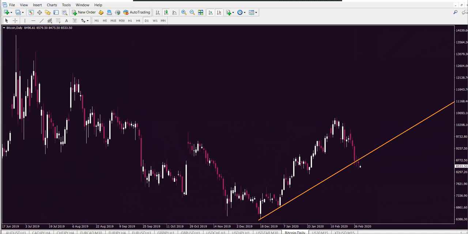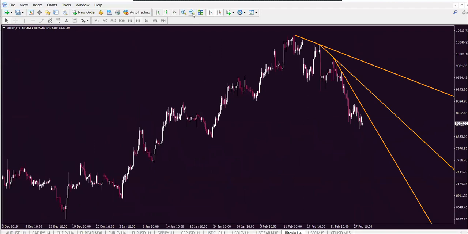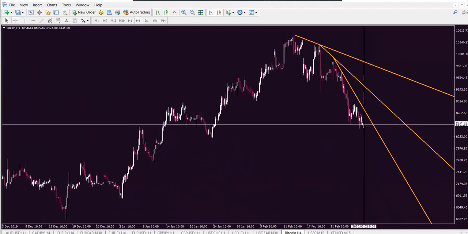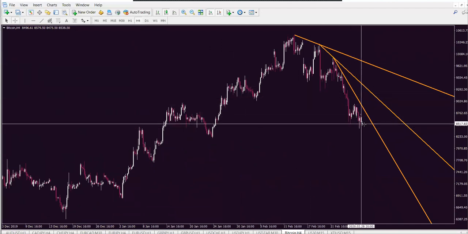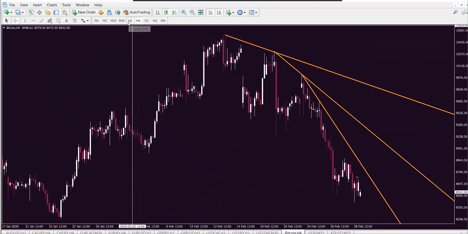Based on this leg, we're actually bullish, but this leg we're bearish. Let's see. So yeah, bearish movement there.